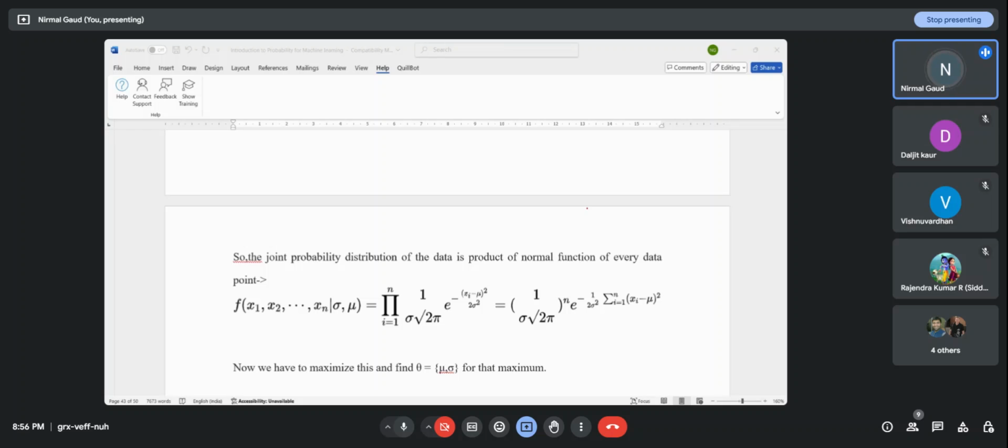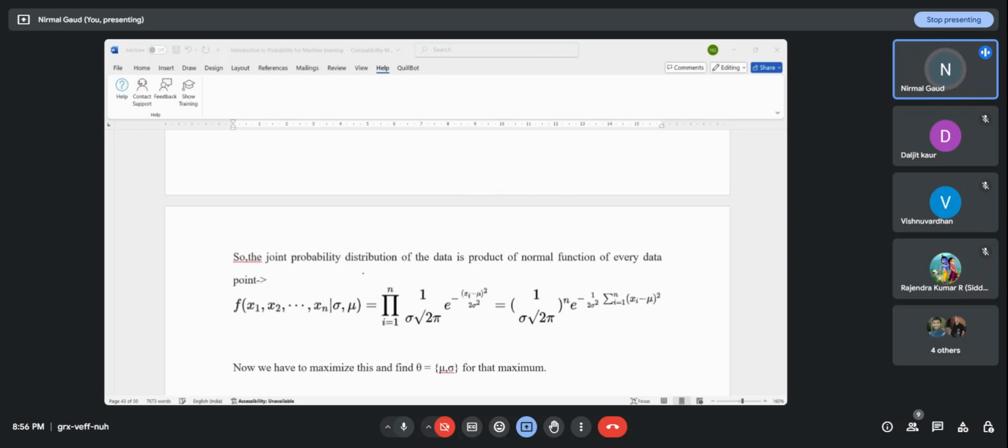For example, right now I showed you a normal equation, and in the normal equation the likelihood function has nu and sigma, two parameters, because the formula says 1 upon square root of 2 pi sigma, e to the power minus (x minus nu) whole square upon 2 sigma square.